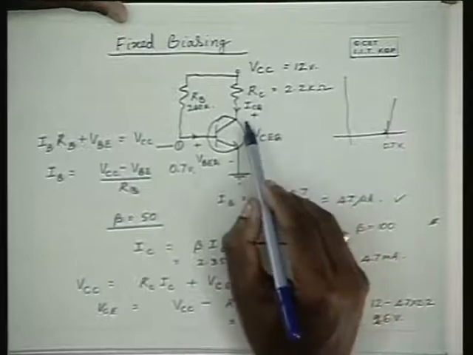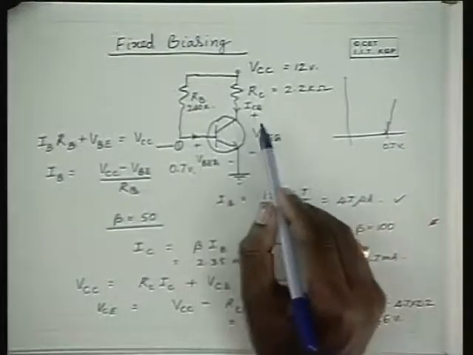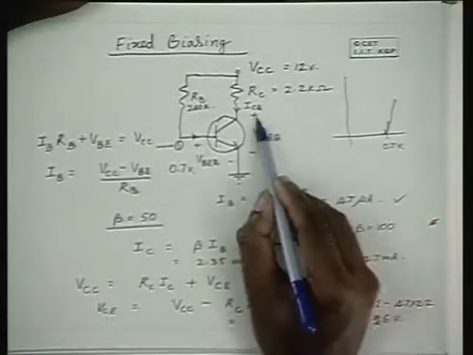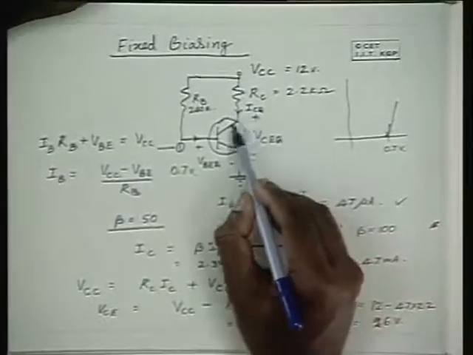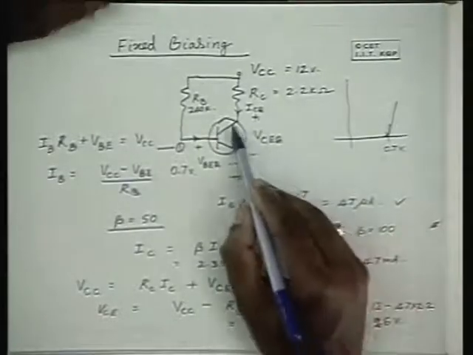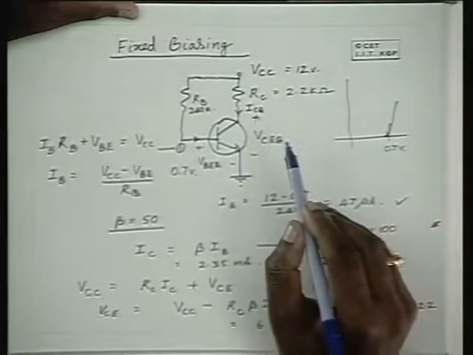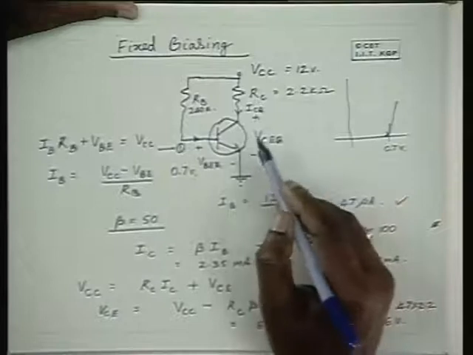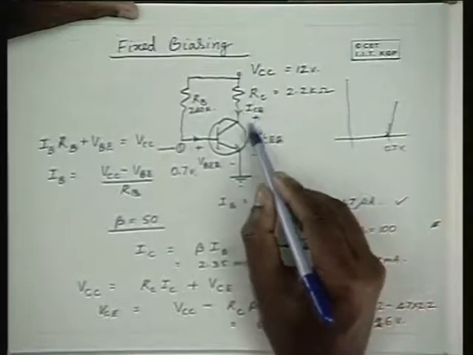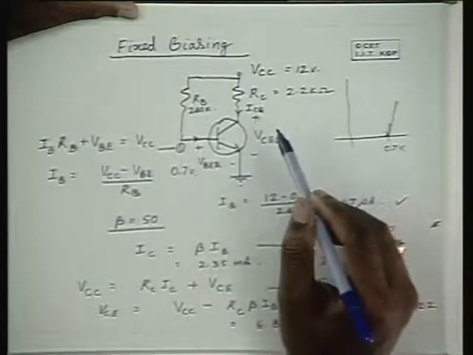And when IC increases with increased temperature, the power dissipation in the transistor, that is VCE into IC, increases. And that will further give rise to rising temperature in the transistor. And with rising temperature in the transistor, IC further increases, and increased IC further increases the temperature.